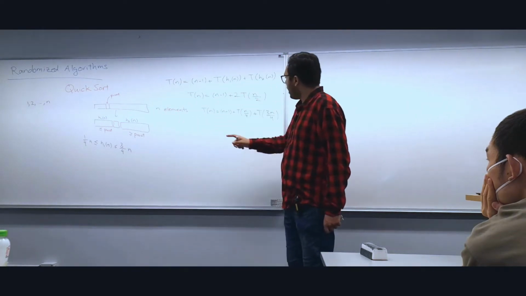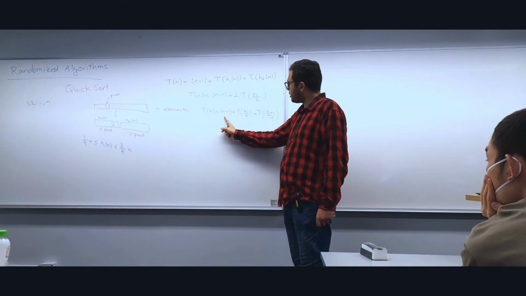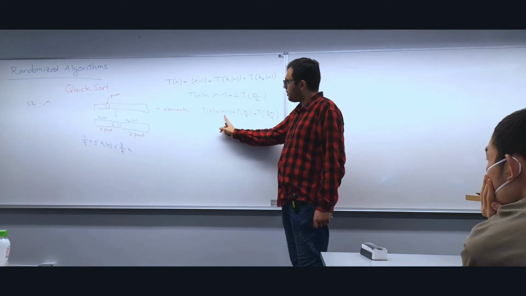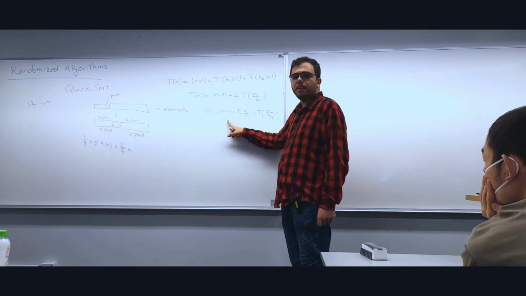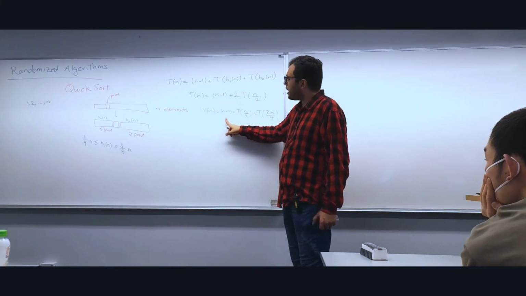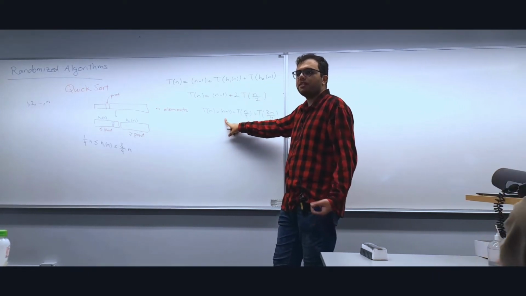So I'm going to have the same recurrence relation, except that the number of comparisons I'm doing for finding the right pivot is going to change. But how many comparisons am I going to do in expectation to find the right pivot?